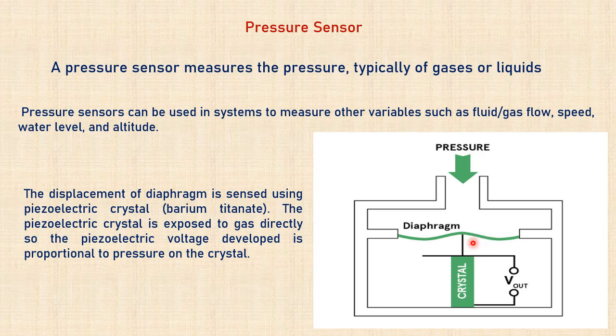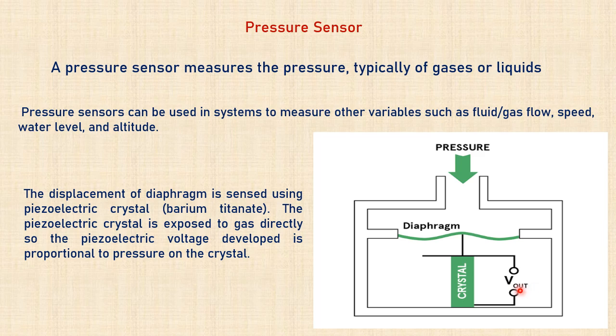So whenever this diaphragm moves, the crystal here oscillates. Whenever there is a mechanical deformation in the crystal, there are electrical oscillations, as I said, so there is a voltage output. So the pressure is sensed as an electrical output.